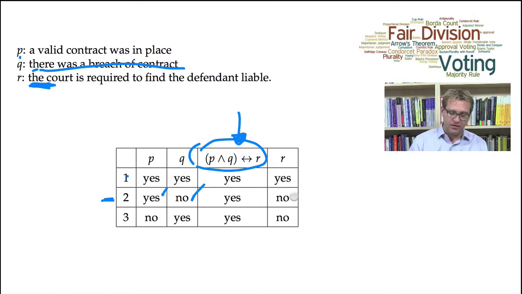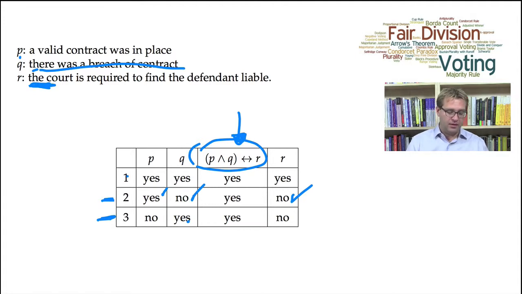And so is now required to respond no to the question R. So judge 2 does not think that the court is required to find the defendant liable. How about voter 3? Well, voter 3 does not believe a contract was in place, does believe there was a breach of contract, and so is not required to find the defendant liable according to this law.